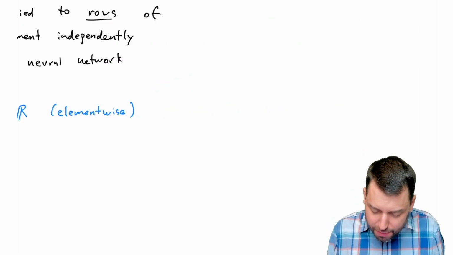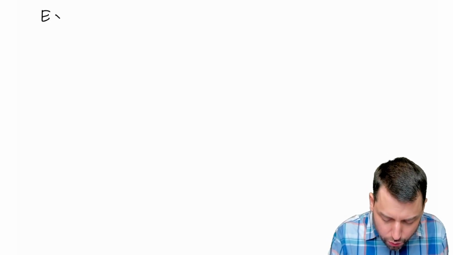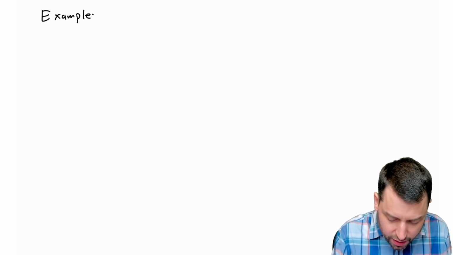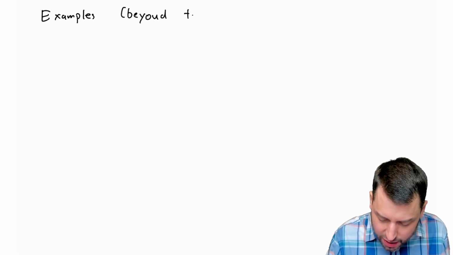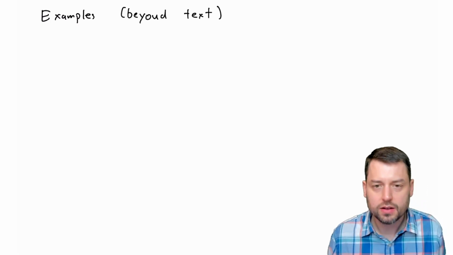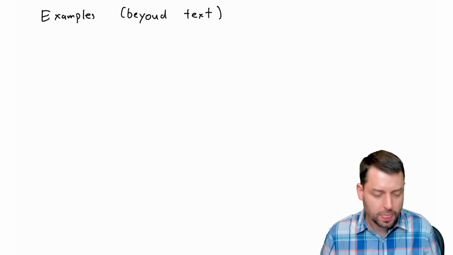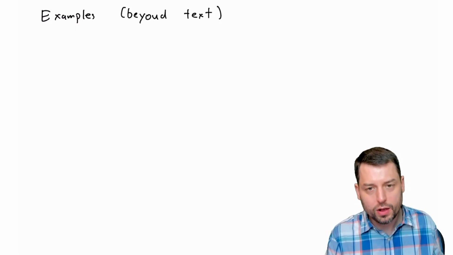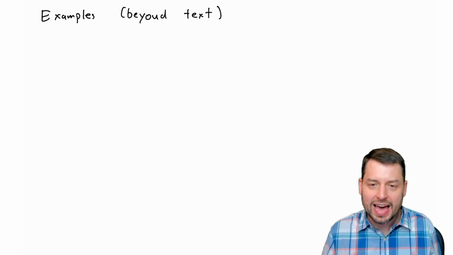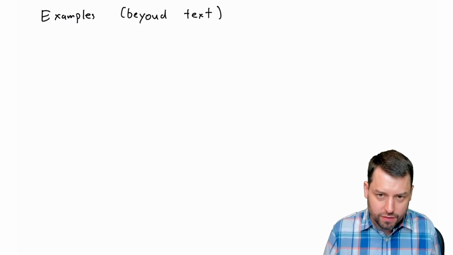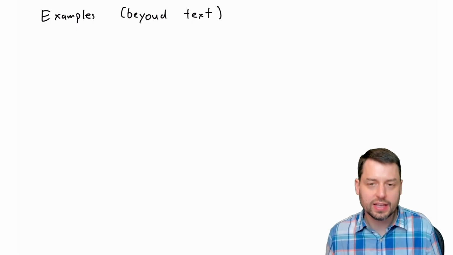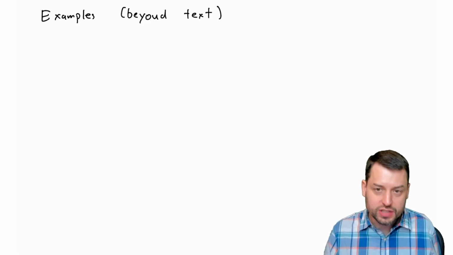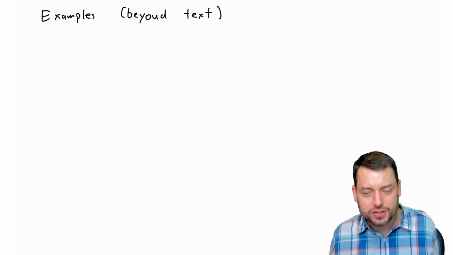Okay, before I move on, I just want to highlight the fact that although we are going to focus primarily on text for the rest of this course, this paradigm goes well beyond text, and it can actually capture very different examples as well. Things like images, sound, other sequences, graphs too, right?